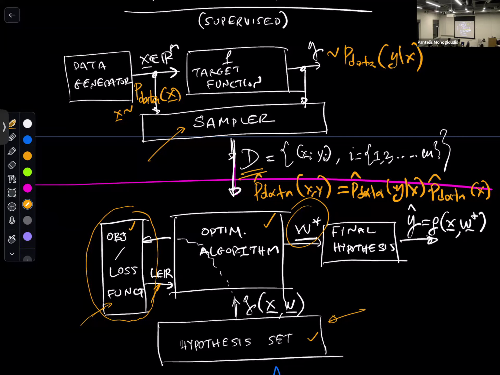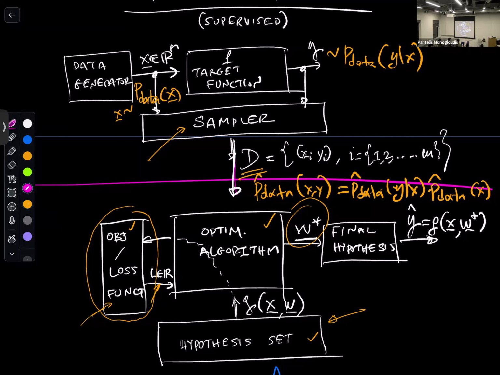Which of the three? I have three orange probability distributions. Tell us which one. P data x y, the bivariate? Would be able to generate predictions. So when the model is determined, which one should the model be able to capture?